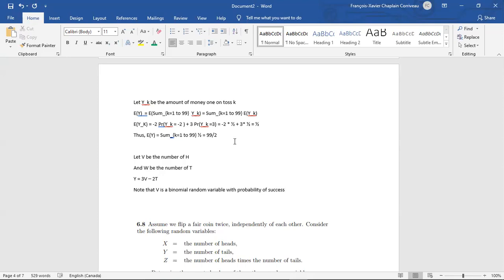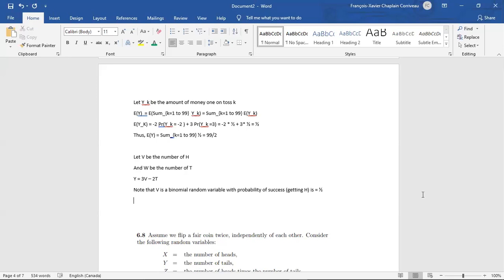The important thing, if you want to use a geometric or binomial distribution, is to specify what your notion of success is. Here, the notion of success is getting heads, with probability equal to a half.